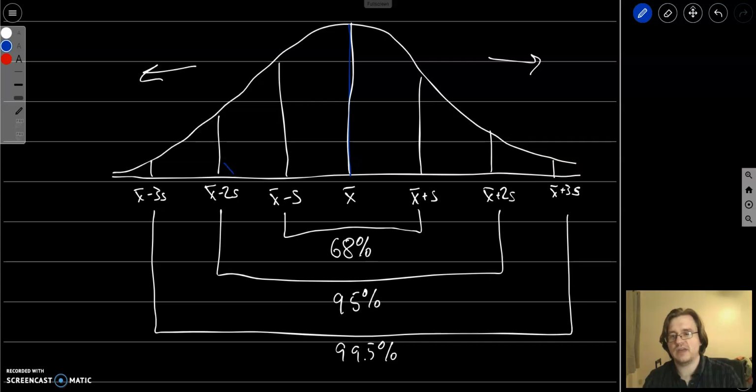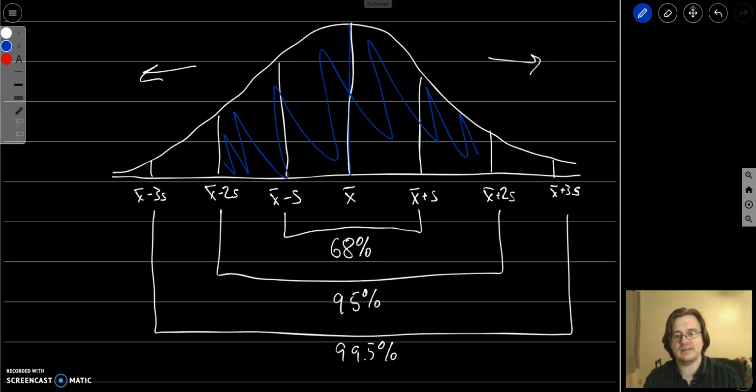we think of anything within 2 standard deviations from the mean, anything that happens 95% of the time, we consider this common or usual. Anything that occurs more than 2 standard deviations above or below the mean is considered unusual.